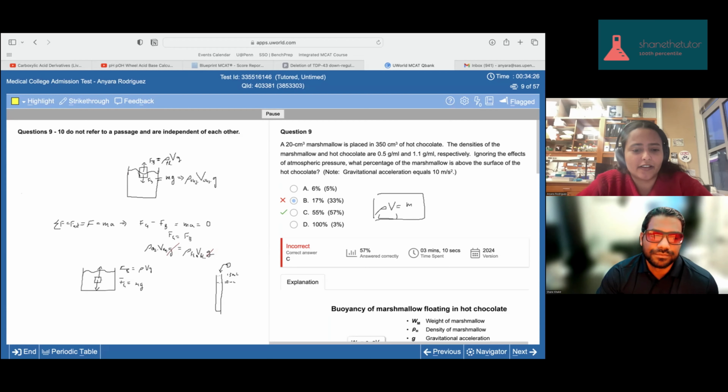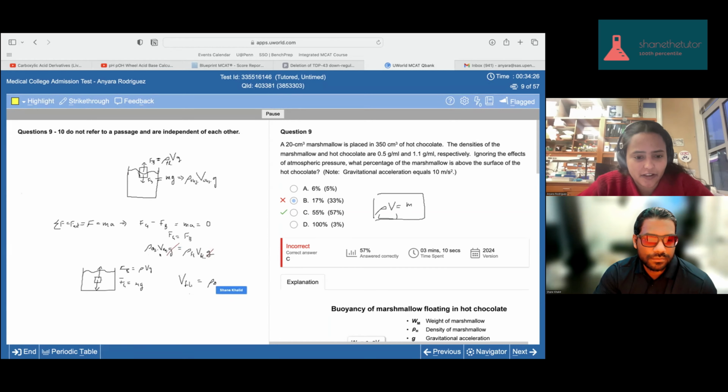We can solve for volume of the fluid displaced. Yep. I'm going to erase that. So volume of the fluid displaced is going to be equal to what? It's going to be equal to density of the object times volume of the object over density of the fluid.